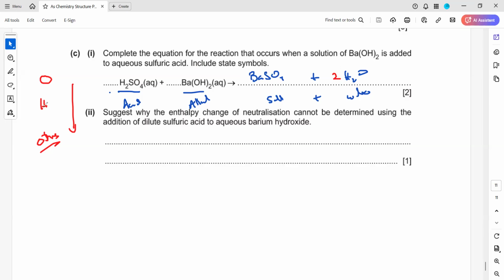The oxygen is balanced. Then what about hydrogen? We have 2 hydrogen here and we have 4 hydrogen. So hydrogen is not balanced, so we have to put 2. But when we balance the hydrogen, now oxygen is not balanced again.